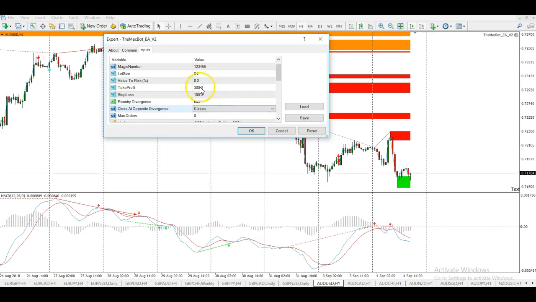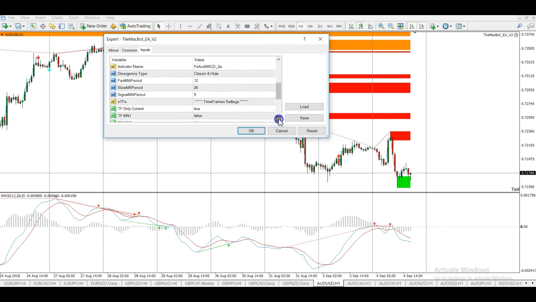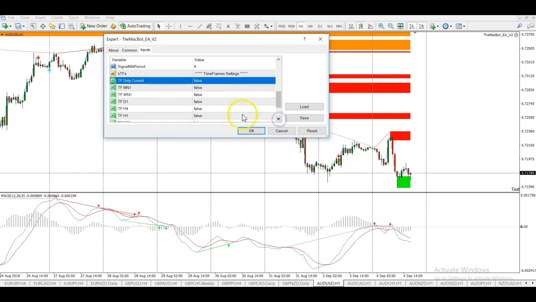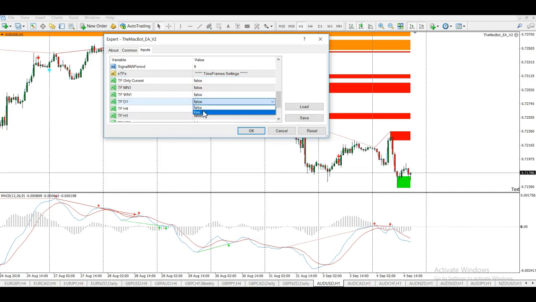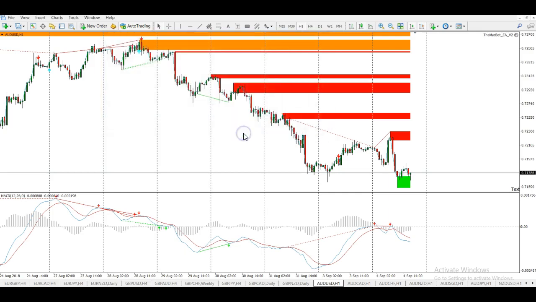Now I'm only putting this 300 pips as a guideline, we'll actually monitor this. So let's go daily, true, 4 hour, true, and the 1 hour, true. Okay, got the smiley face.